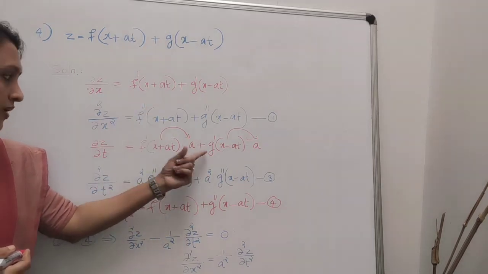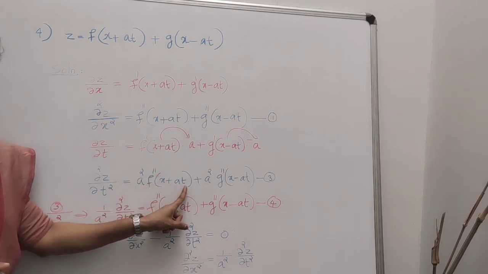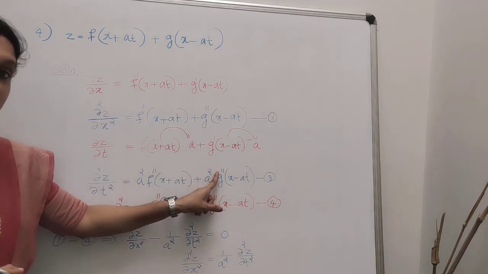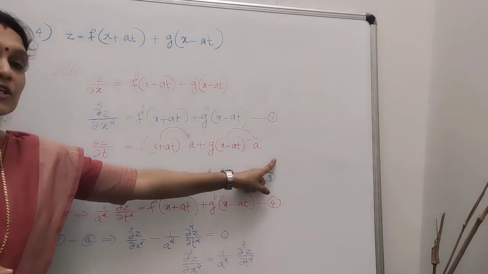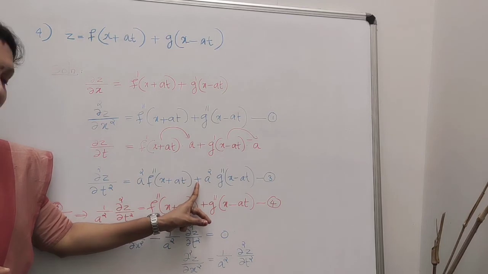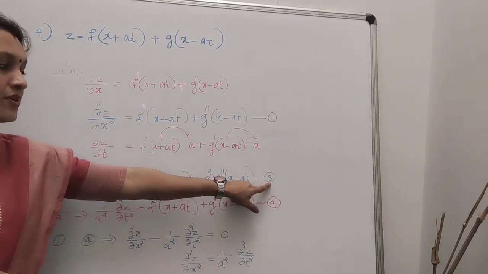So a into a is a square f double dash of x plus at, plus g dash whose derivative is g double dash. Already into minus a we have, one more time into minus a. So a square, and altogether the sign is plus. So a square g double dash of x minus at. Put it as equation 2.